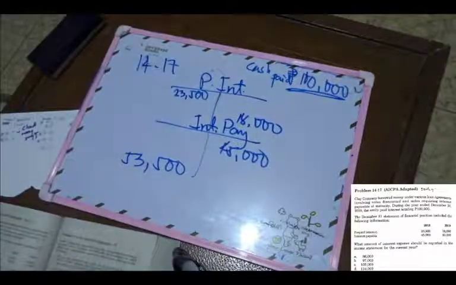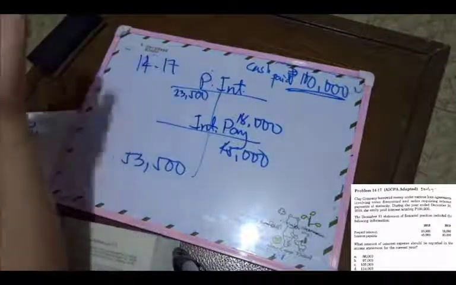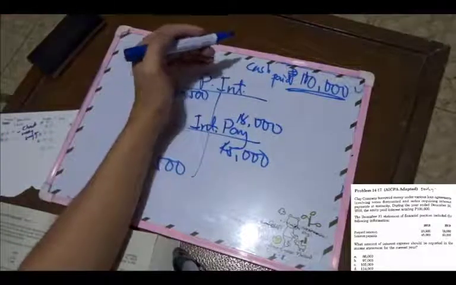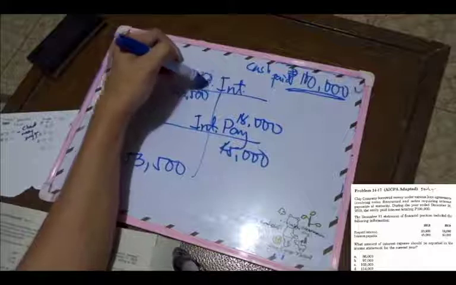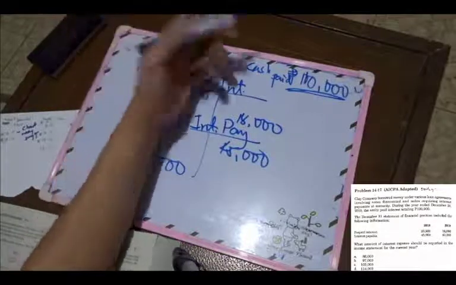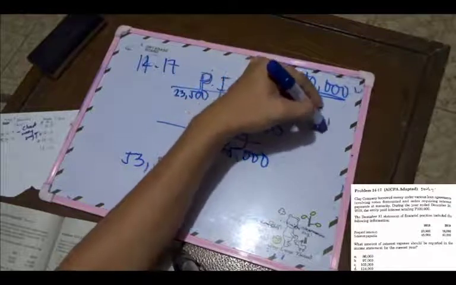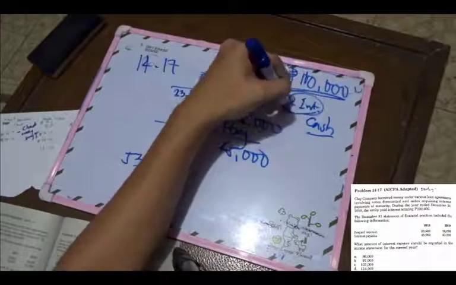So the best way to do it is to imagine what would be your journal entry if you pay in advance for interest. So that is debit prepaid interest and credit cash. If you'll notice, prepaid interest is debited.